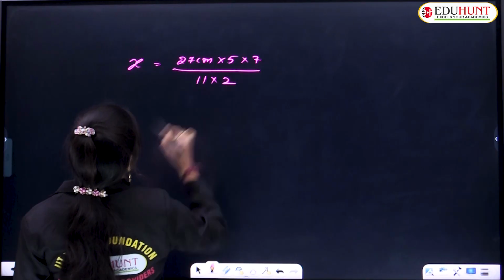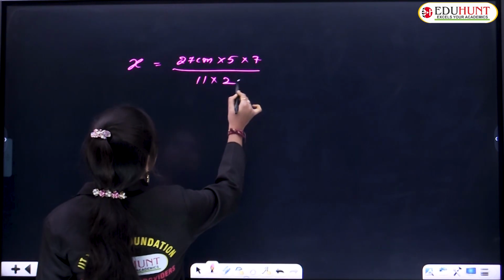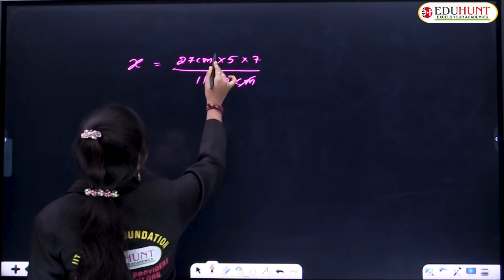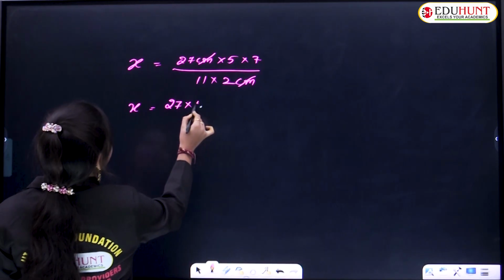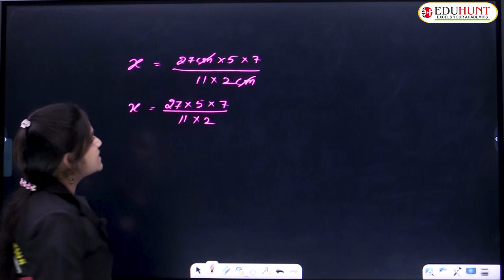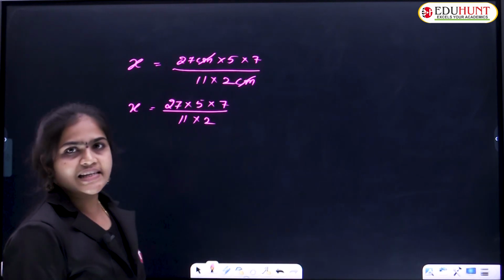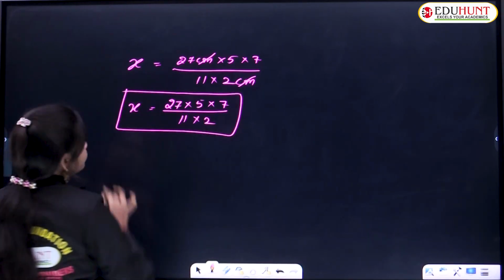And in the same way 2 centimeters; centimeters get cancelled. Finally x is equal to 27 into 5 into 7 by 11 into 2. Are any cancellations possible? Cancellations are not possible here. That's why I leave the x value like this only.